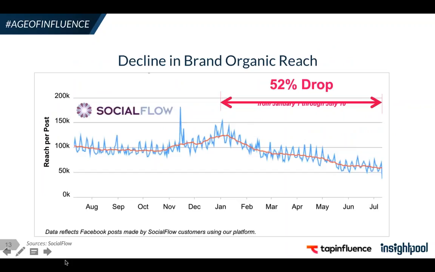And when we're talking about some of the other challenges that marketers are having, and why influencer marketing is growing so much, this chart just shows it: there's no denying that there is a decline in overall brand organic reach, specifically on Facebook. With Facebook, Instagram and Twitter changing their algorithms all the time, brands really have to understand how to shift and navigate the social sphere.